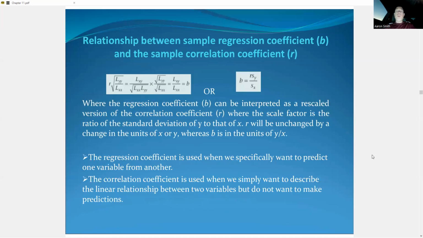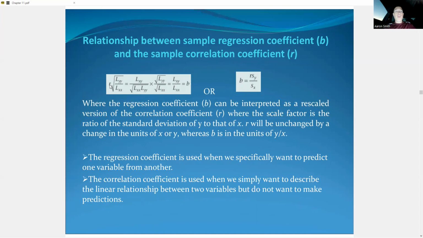All right, now what is the relationship between the slope of simple linear regression and correlation? Well, it ends up that the slope of simple linear regression is equal to the correlation times s sub y divided by s sub x. And how do we get that?